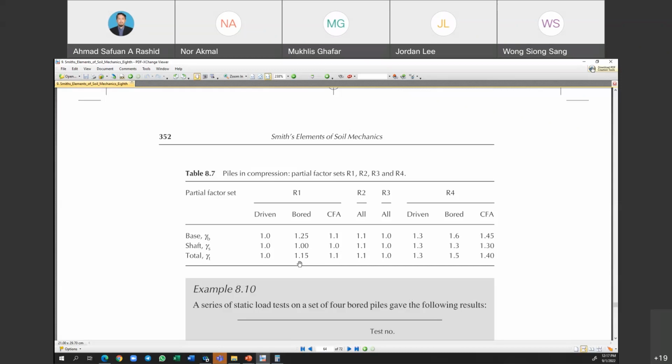So you can highlight in your slide that there is a difference in the R1 for the total or combined.